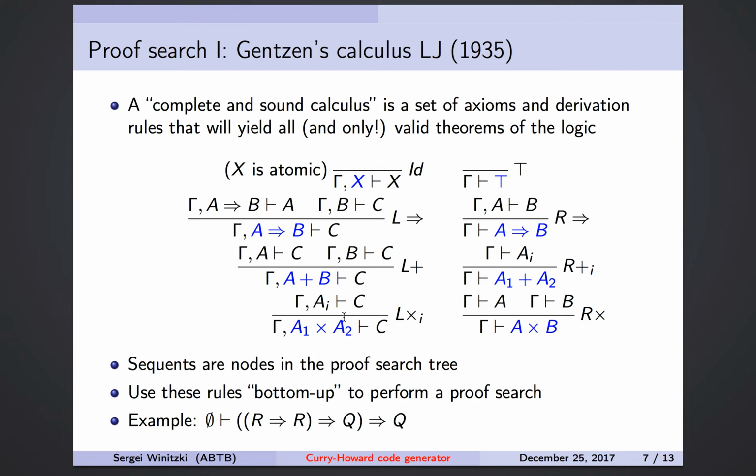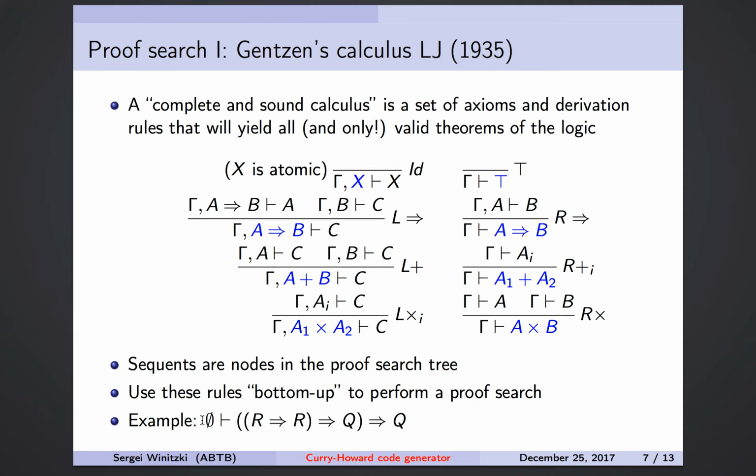And then we find what other sequents we need to prove first in order to prove that one. So in this way we go bottom up and we make all possible applications of the rules if we find that the bottom of the rule matches the sequent we need to prove. So let me show you how this works on this example.